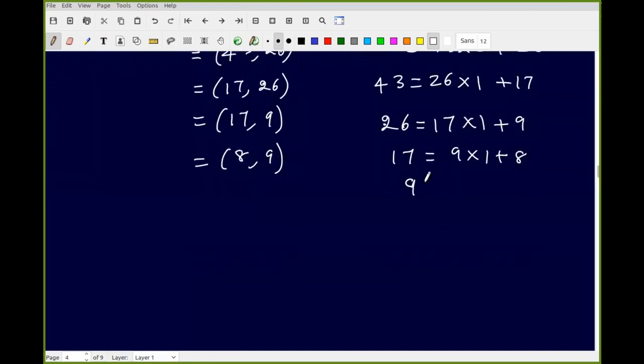Again you use division algorithm here. So 1 time 8 plus 1 is 9. So this 9 is replaced by 1. So 8 is 8 times 1 plus remainder 0.